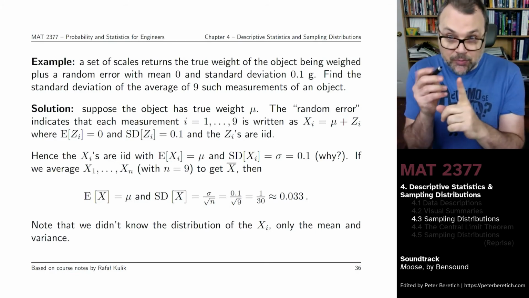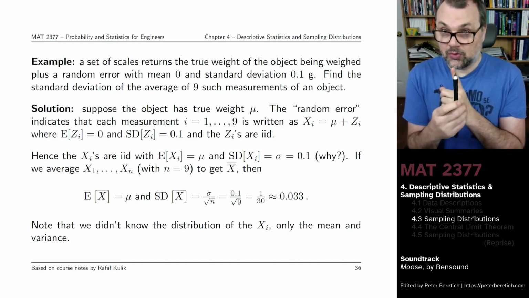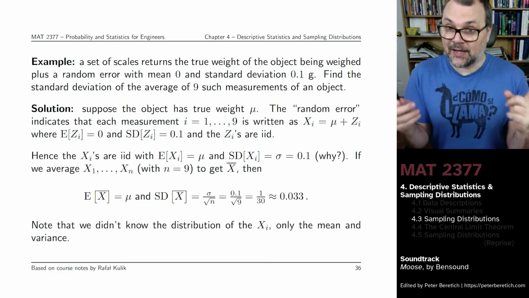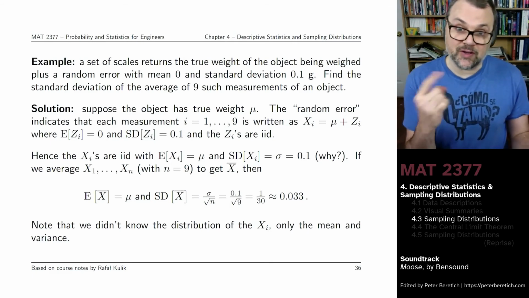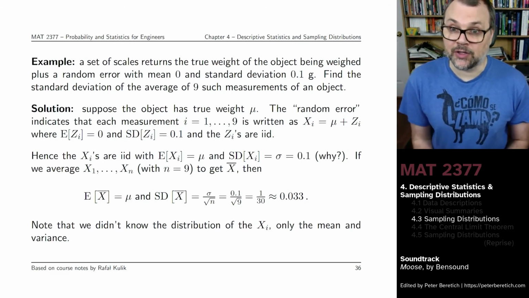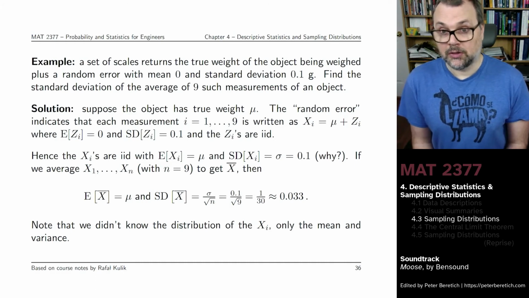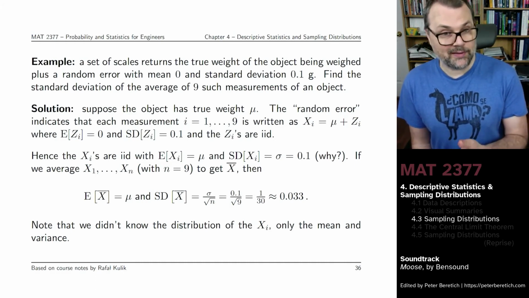So each measurement alone has some deviation from the true weight, but if you take 9 such measurements and you average them out, how does the average of the 9 reported weights differ from the true average of the 9 weights?